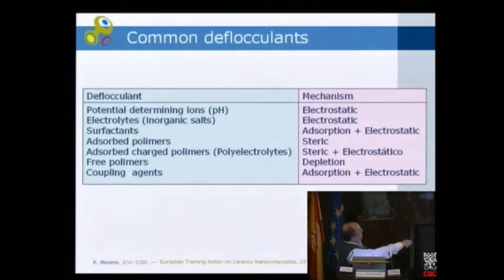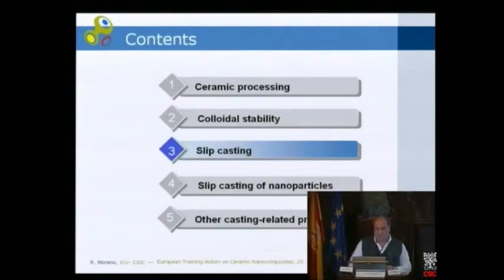If they are charged, we have polyelectrolytes, and we mix steric hindrance at short distances and electrostatic repulsion at large distances. And we can also use coupling agents, where adsorption of the polymer and electrostatic interactions are present, as explained yesterday by Dr. Pastor Rubio.